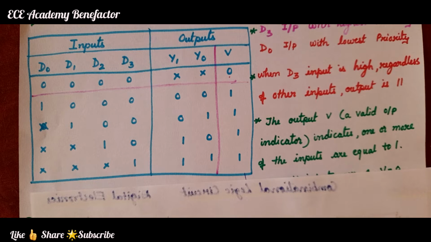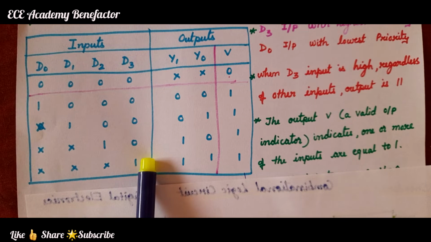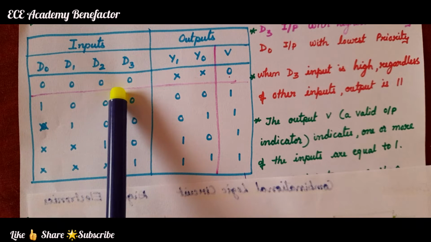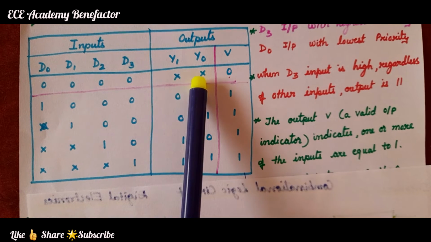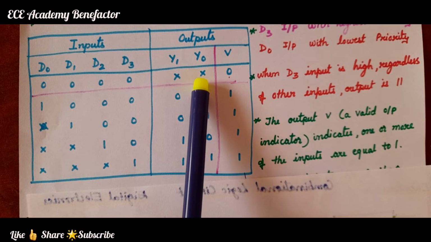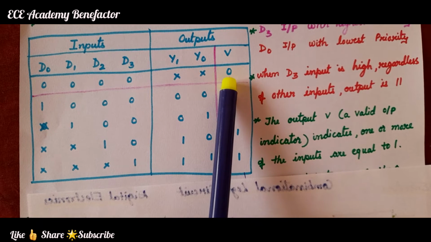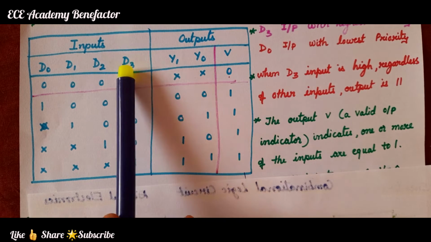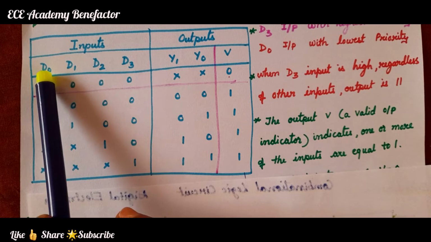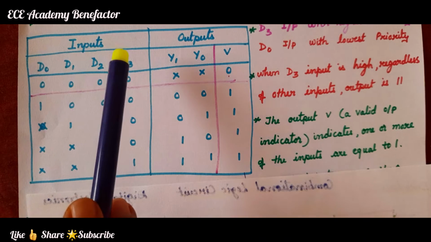This truth table, it's clear for you, I hope. Now when all the inputs are 0, the outputs are unused, so we have made them XX, don't care, and the valid output is 0 because it indicates whether any one of the inputs is 1. D3 has the highest priority and D0 has the lowest priority.